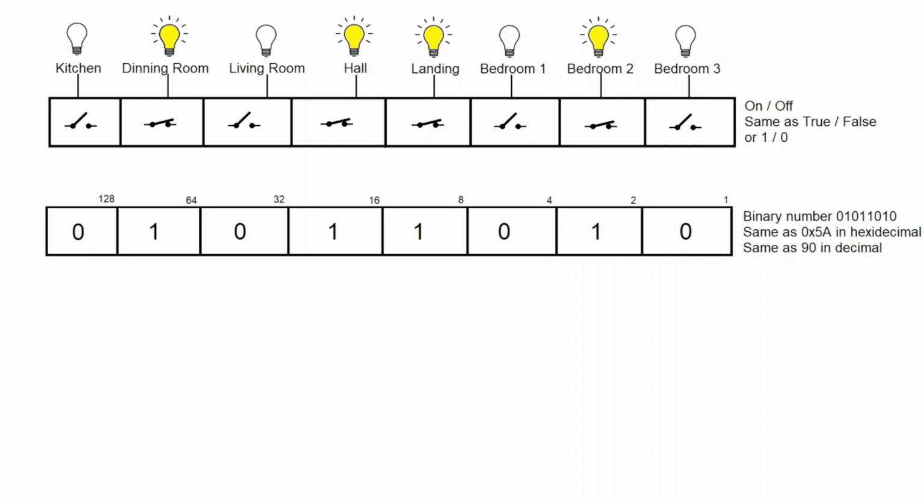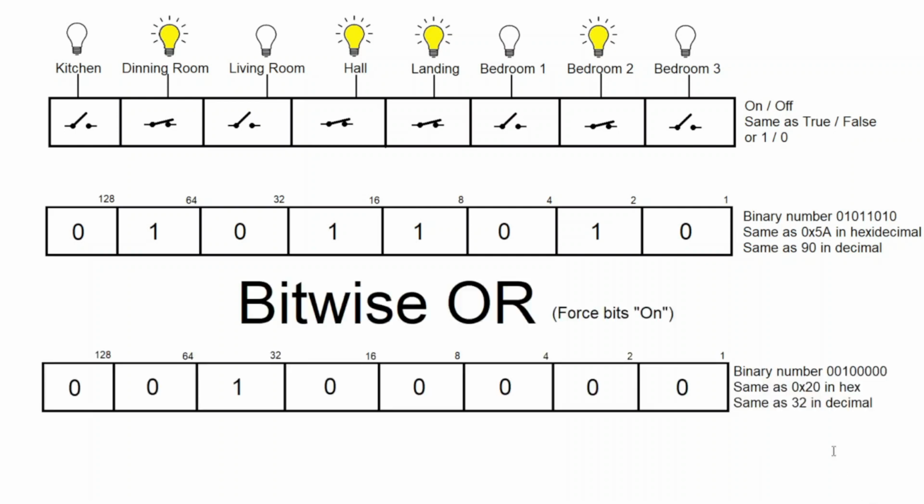So the next thing that we're going to do is we're going to OR in another value. So we've got this value here, the hexadecimal 5A that we spoke about before, and now we're going to do a bitwise OR operation. And what this is basically doing is it's forcing bits on. So any bit in this byte here that we're going to OR into this byte here, any bit down here that is set will cause the bit above it to be set as well.